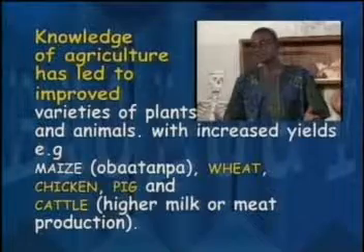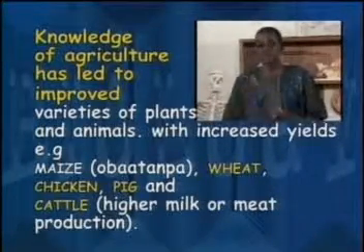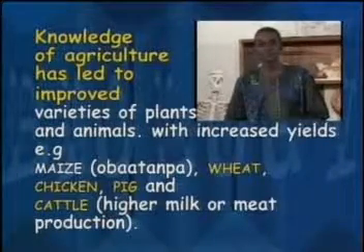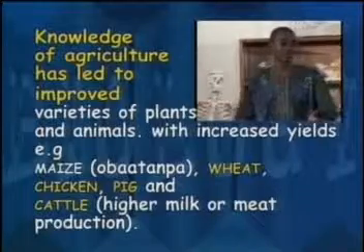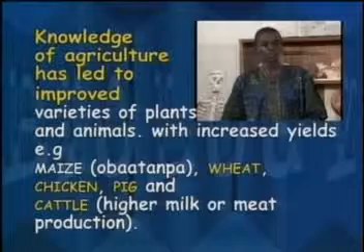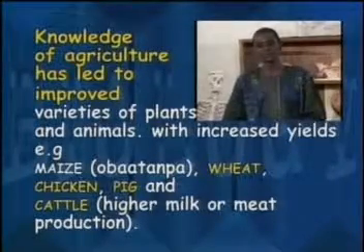Within 3 months, they are matured. Instead of using the 6 months one, we used the 3 months one. We also have wheat, chicken, pig, and cattle with very high improved forms. Cattle with higher milk production or meat production.